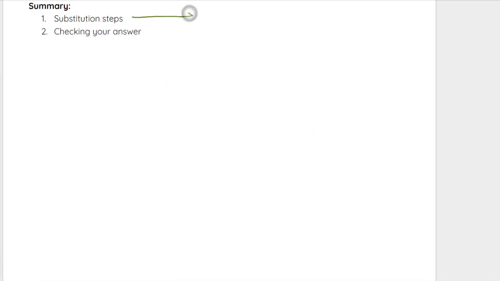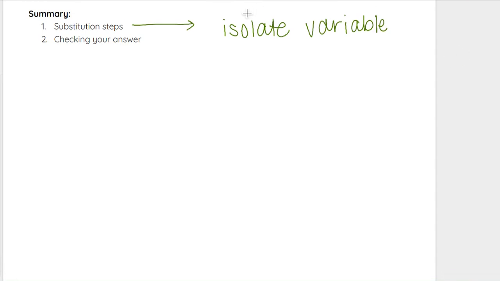So just a quick review for substitution steps. First thing you want to make sure you have is one of the variables isolated. And it just has to be in one of the two equations. It does not have to be in both. It can be in both, but does not have to be. And then once you've done that, we plug in the expression equivalent to that isolated variable.